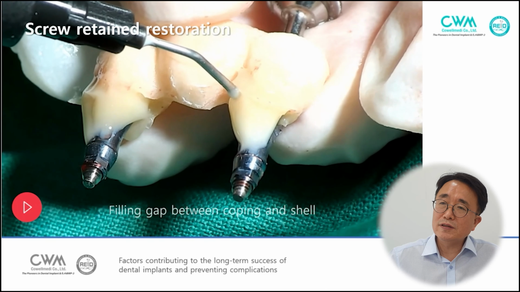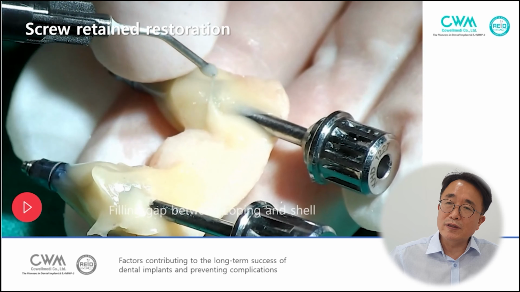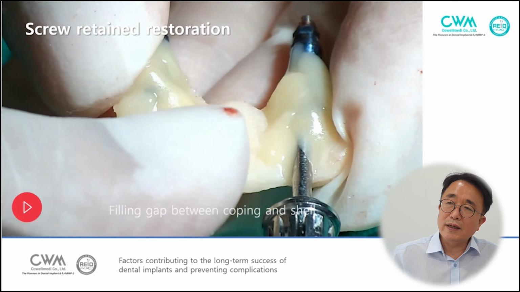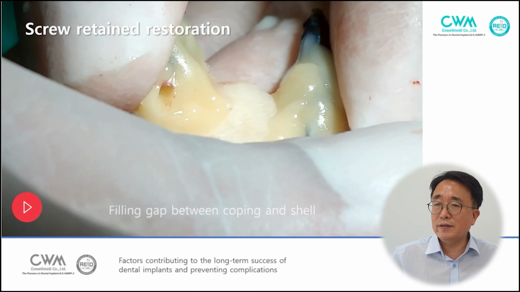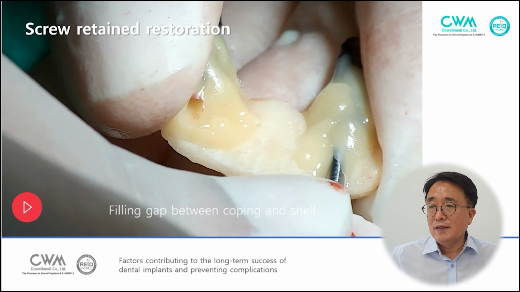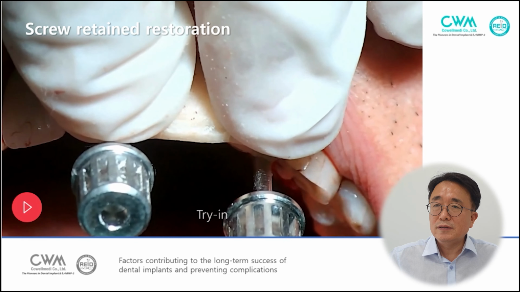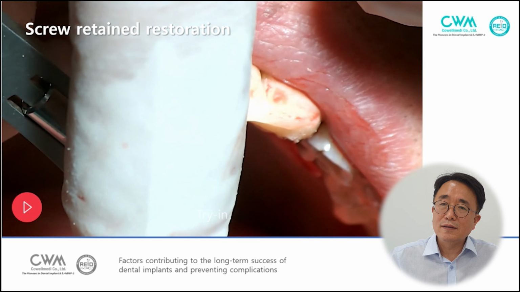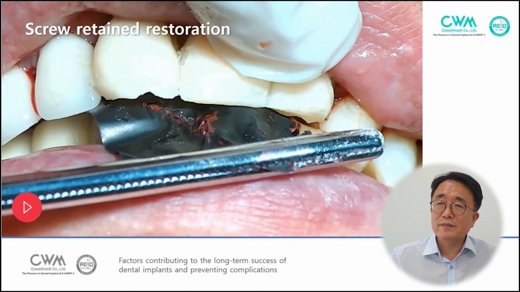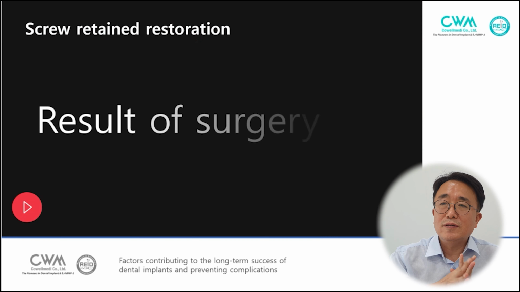And then the emergence profile is made by light curing resin, and the gap between the abutment and shell, temporary bridge shell and screw, try in, check it. So the result of surgery is like this.